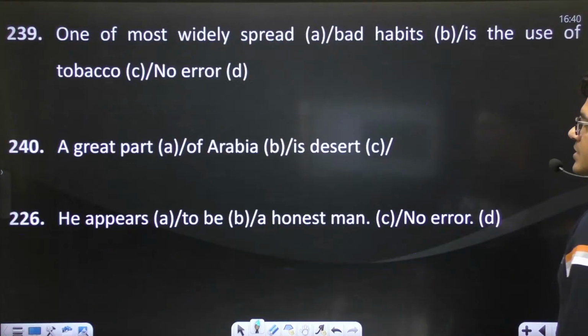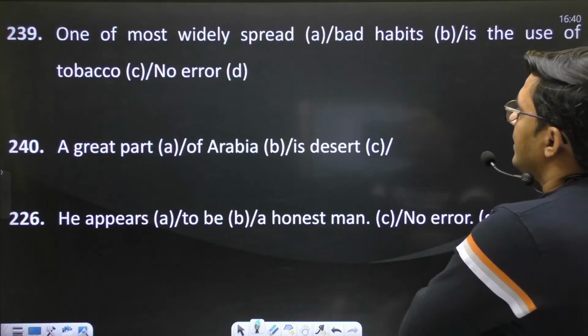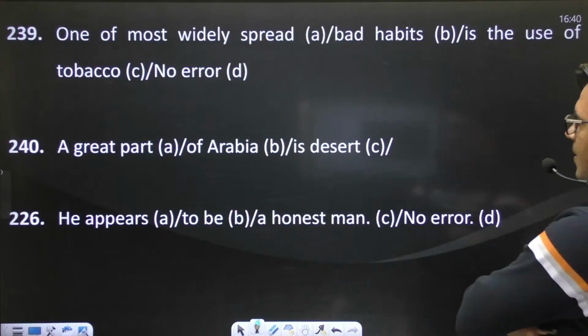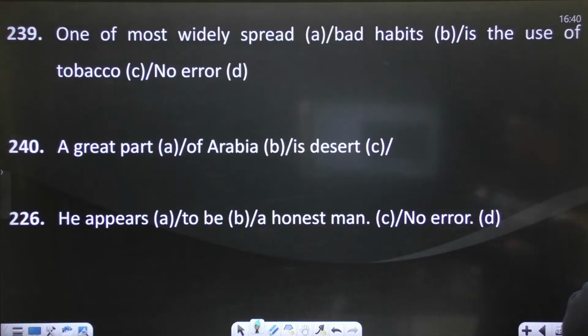Okay, next sentence is, one of the most widely spread bad habits is the use of tobacco. What do you think of this sentence?